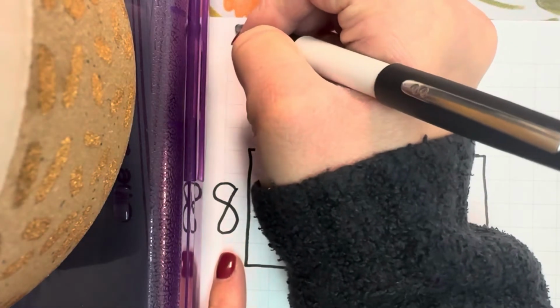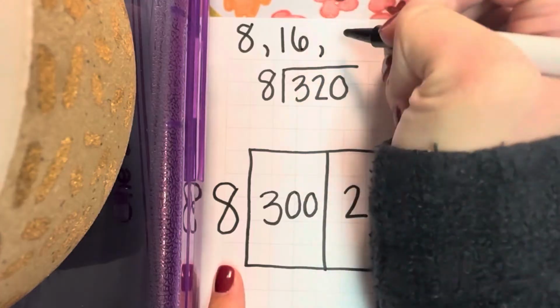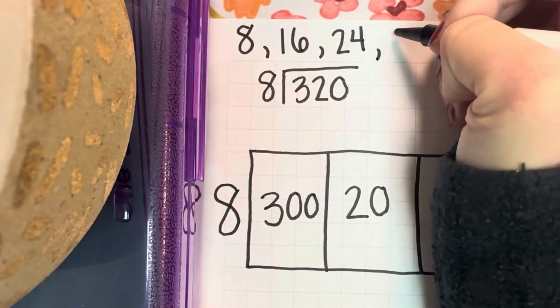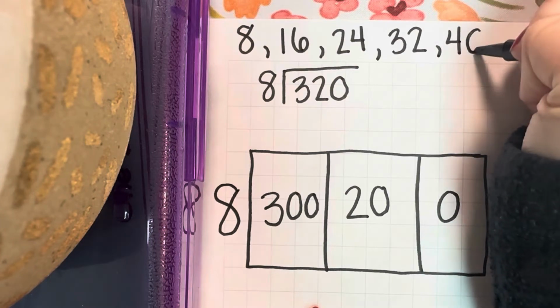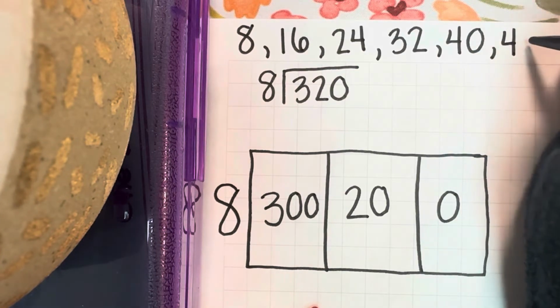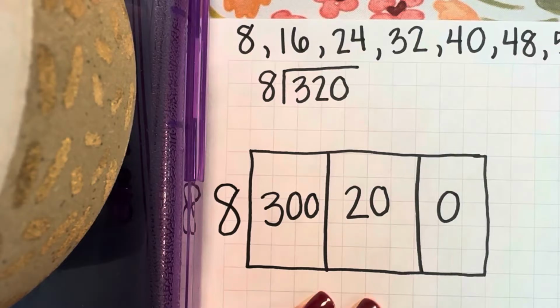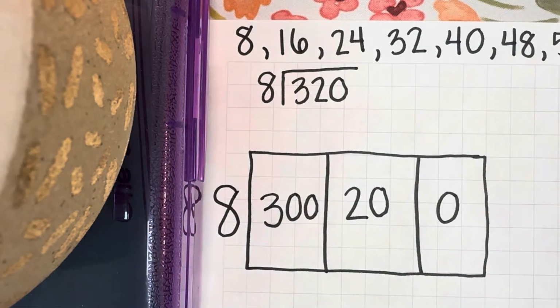Okay, so we're going to start with 8, 16, 24, 32, 40, 48, 56, 64, 72, and 80. So you can't see the rest of my numbers, but I did go all the way across, and I got all the way to 80.